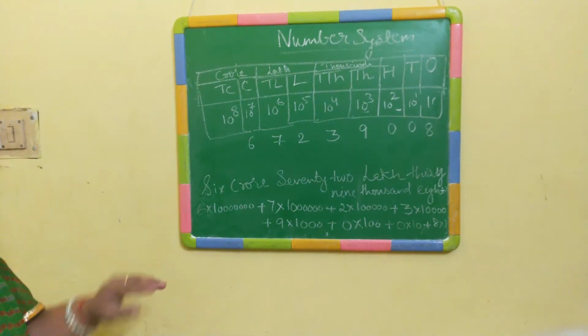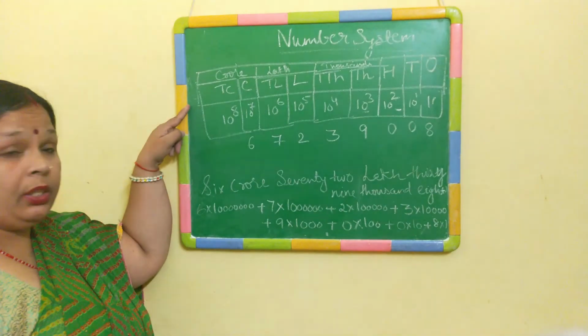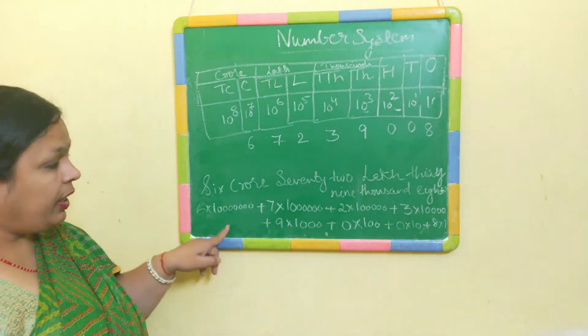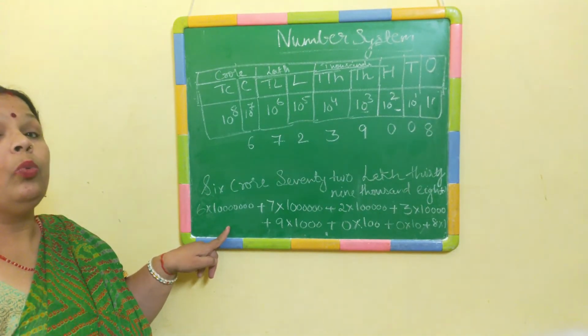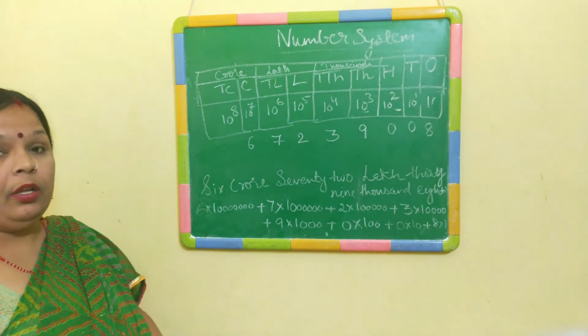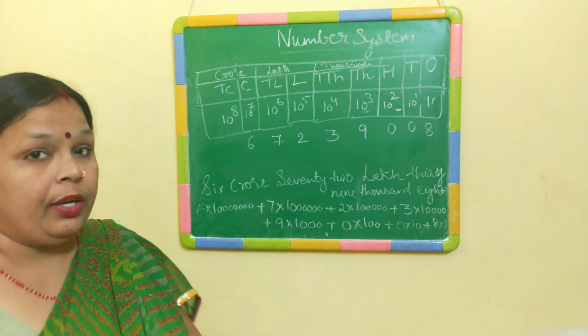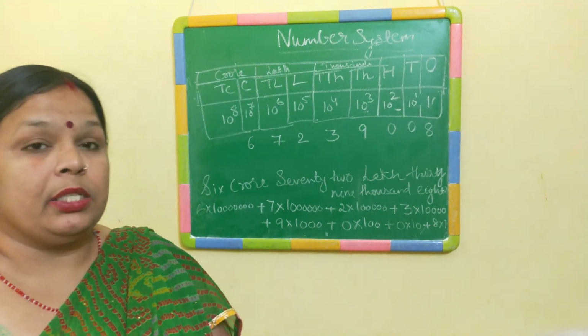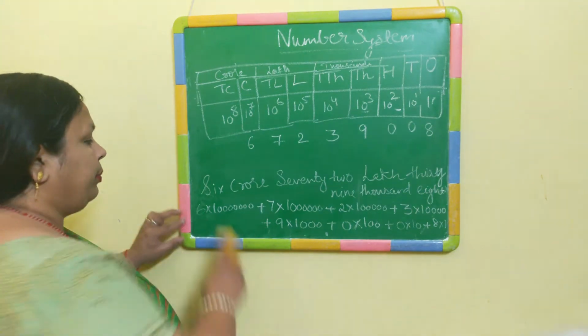Clear? So when you draw the table of powers, the expanded form becomes very easy to write. Now we will write the predecessor and successor of any given number.